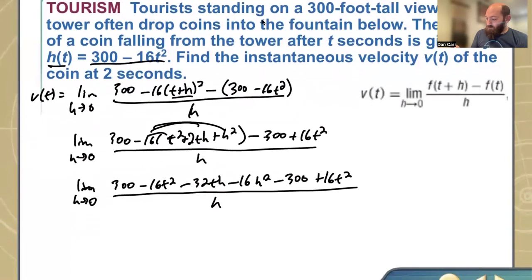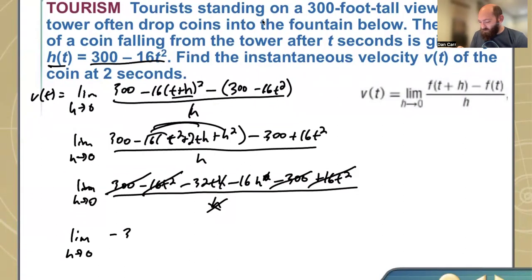From here, like we've done with our previous limits, start canceling out common terms. We can get rid of negative and positive 16t squared, as well as 300 and negative 300. I can cancel out the h's too, so I'm just left with the limit as h approaches 0 of negative 32t minus 16h.